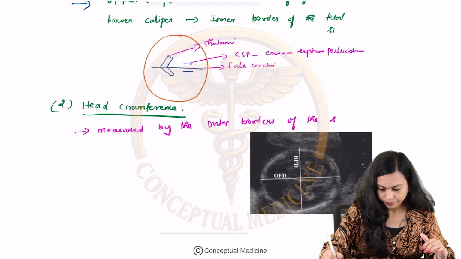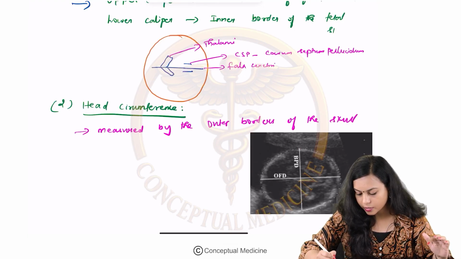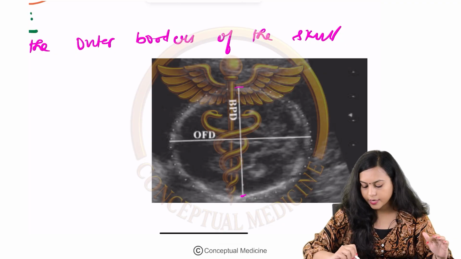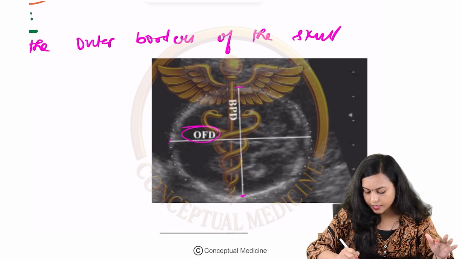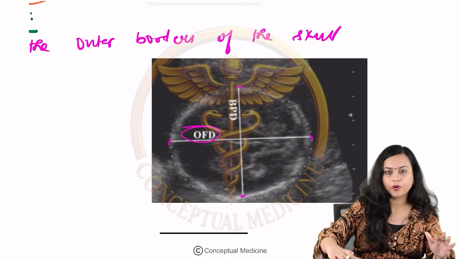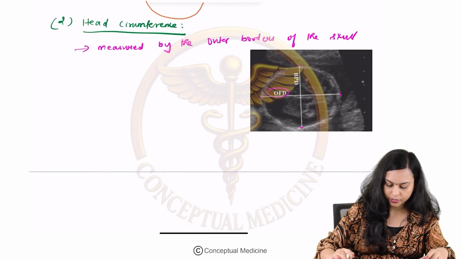That's all. If you see biparietal diameter, the caliper is on the outer border here, and it's dropping to the inner border. In occipitofrontal diameter, that is also the head circumference, we will be taking the outermost border of the skull, in the occipitofrontal part.